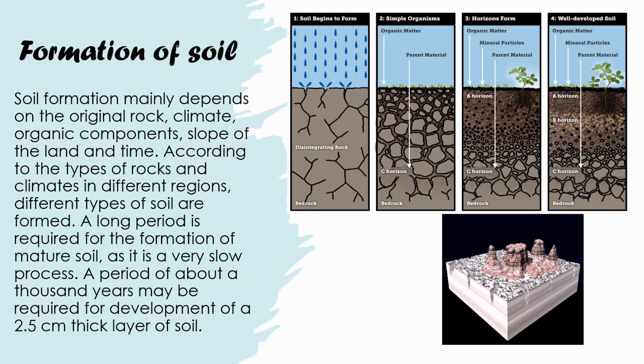Water, wind, temperature change, gravity, chemical reaction, living organisms, and pressure differences all help to break the rocks. A long period is required for the formation of mature soil, as it is a very slow process. A period of about 1,000 years may be required for development of a 2.5 centimeter thick layer of soil.